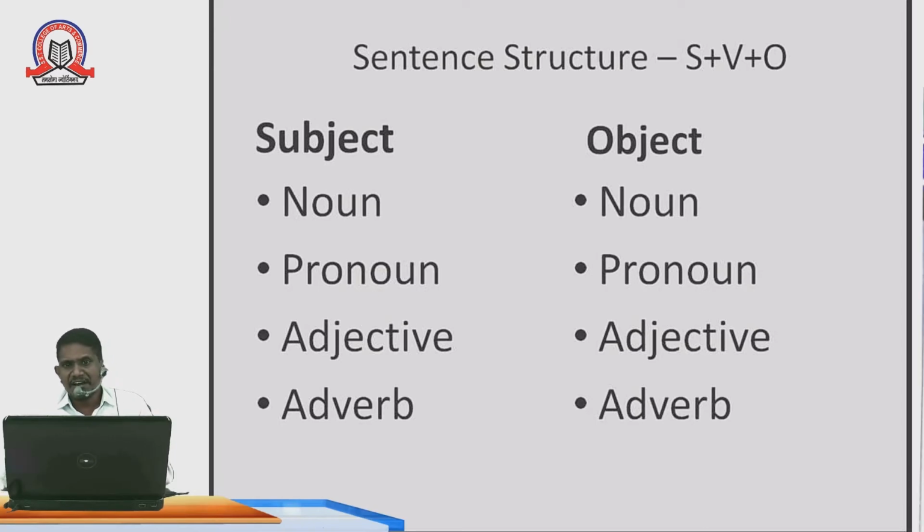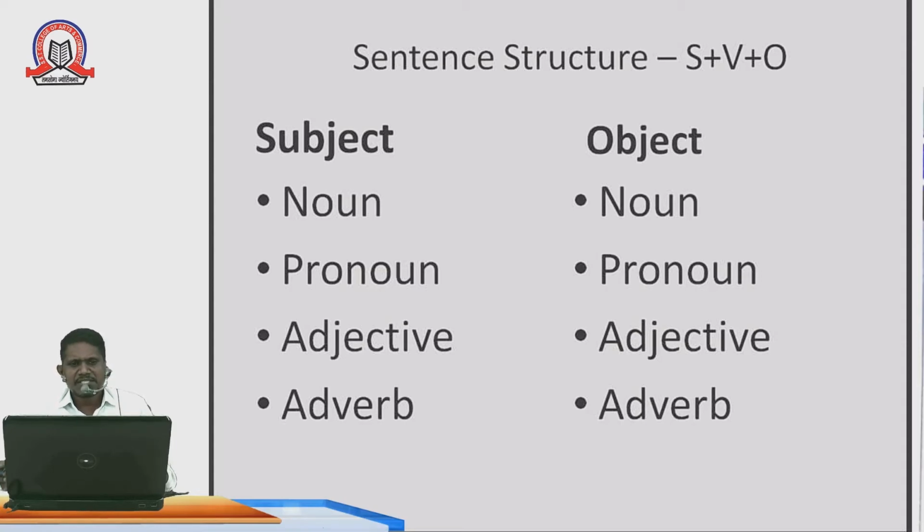If I want to go to college at a specific time and come to the station, but due to some problem I cannot reach the station on time, then the train has gone. So I want to say the early train went early in the morning. So this early is an adverb.